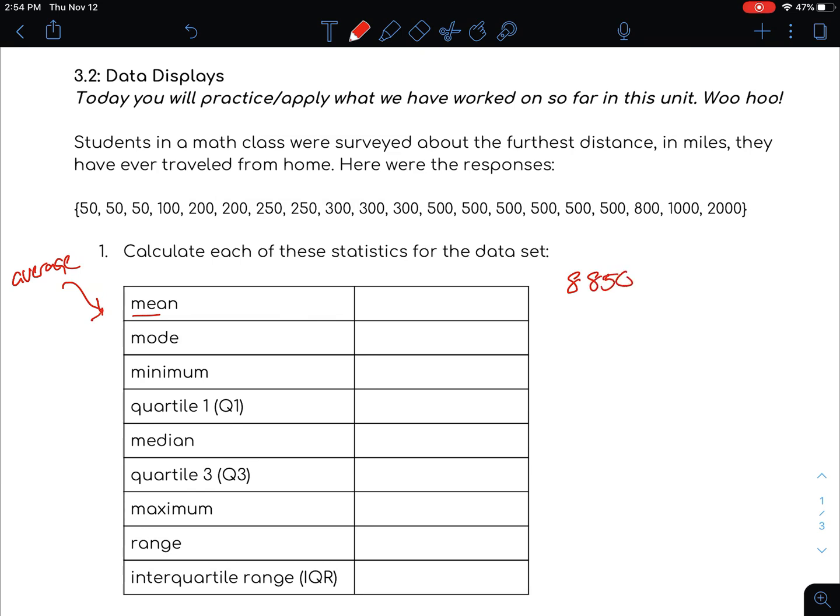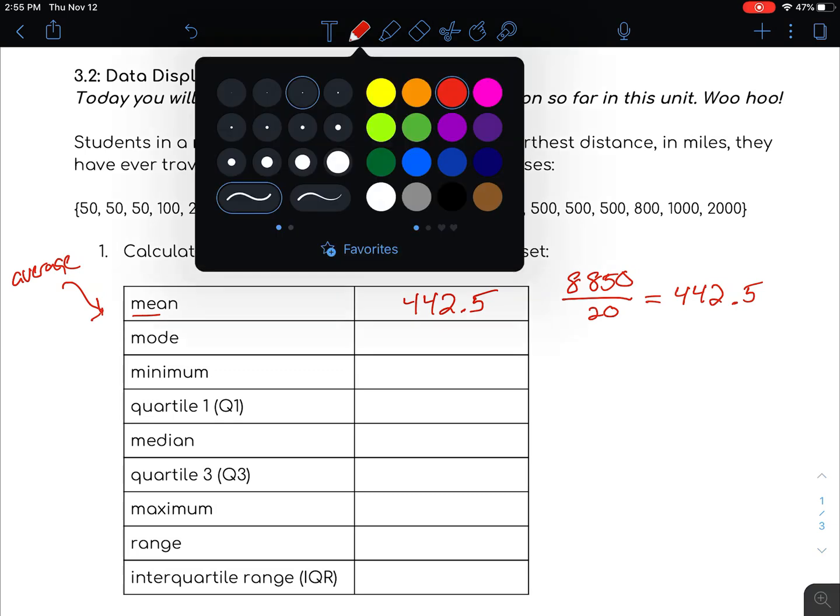If you add up all of those numbers, we get 8,850. And divide by how many there are, so divide by 20. And if you do that, you get 442.5.